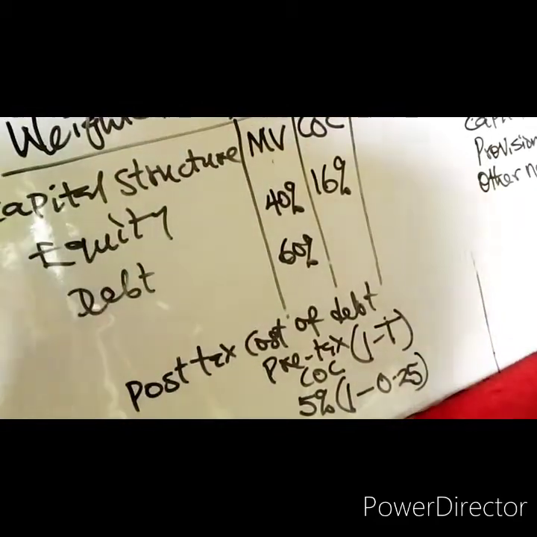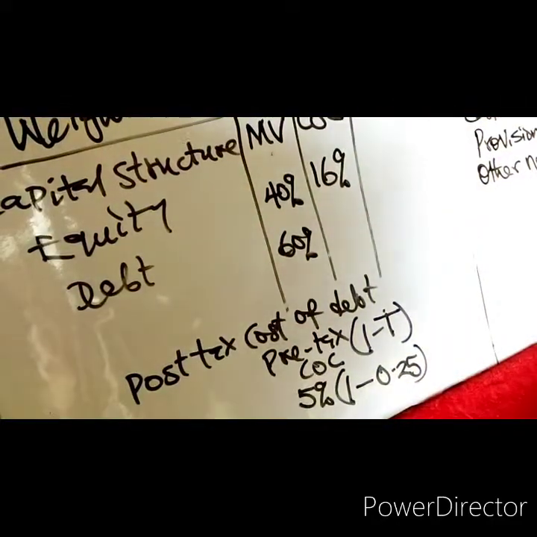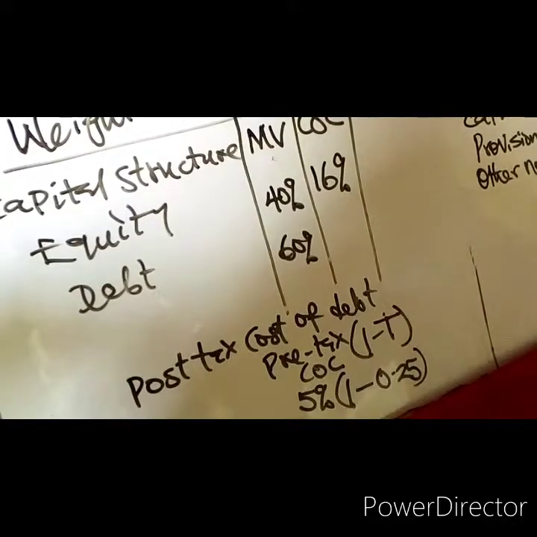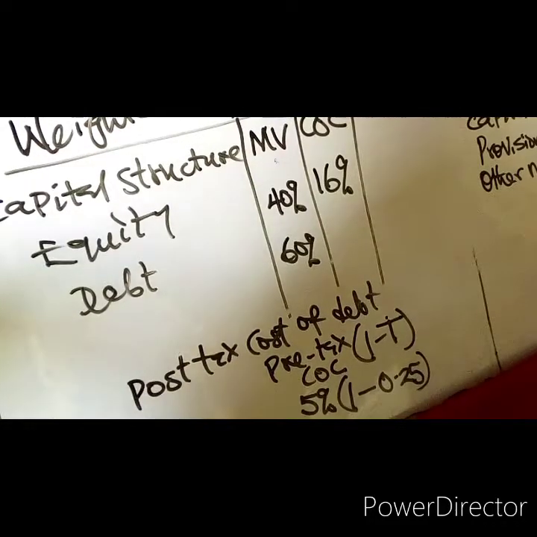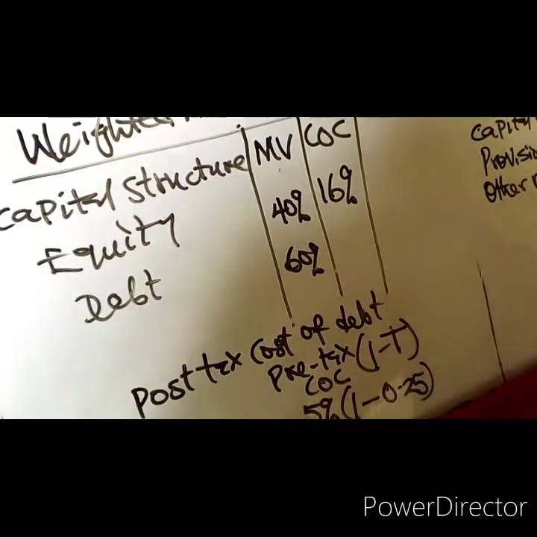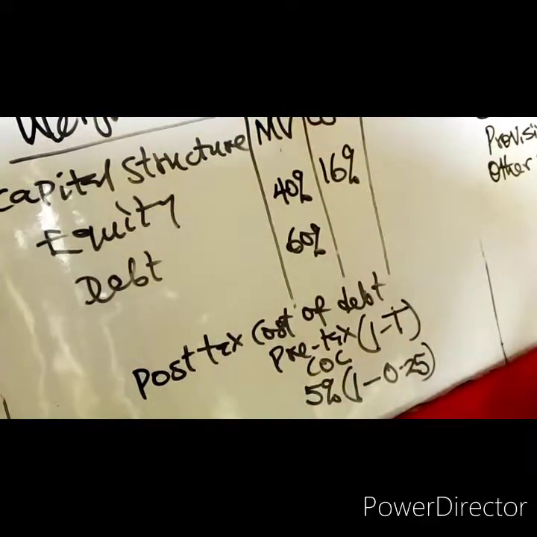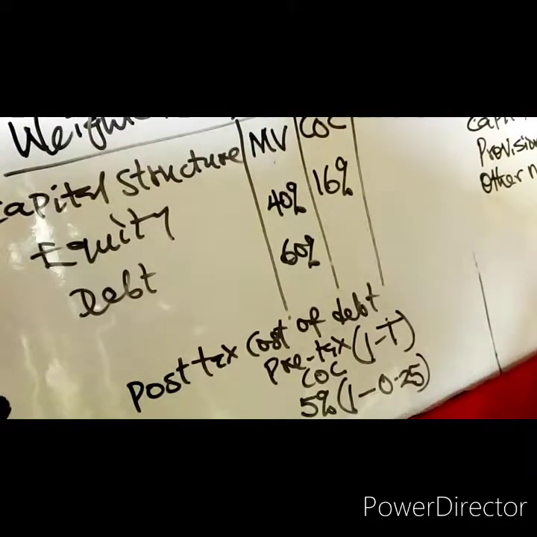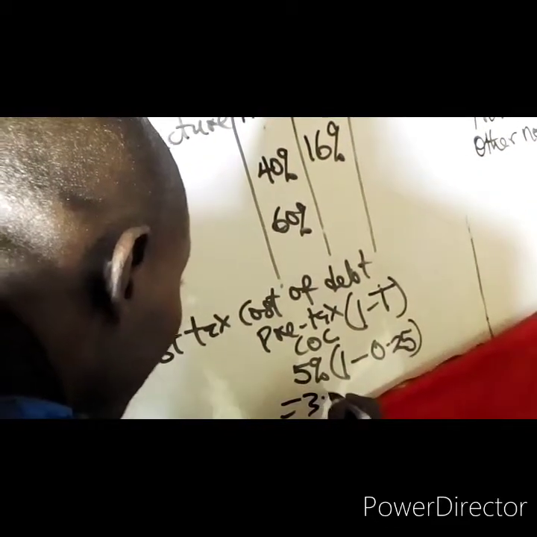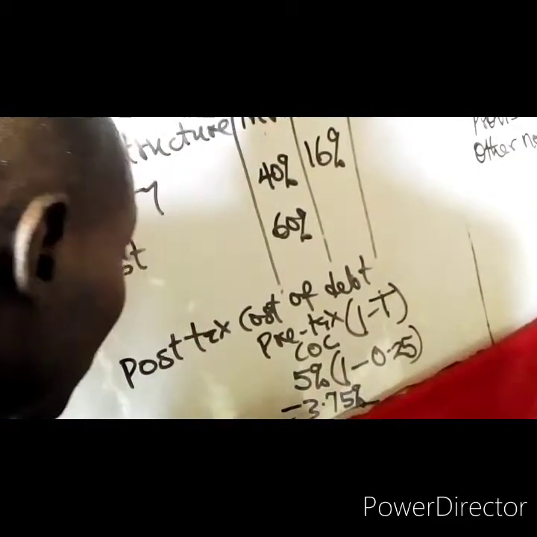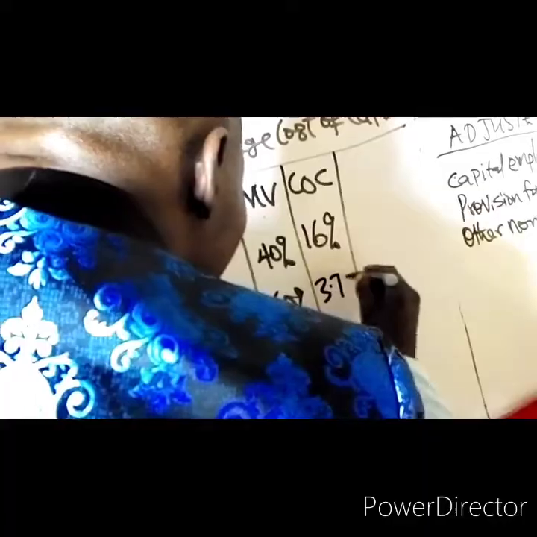The tax rate, if you look at the income statement of IPN, is the rate used to get the tax charges and expenses. So 1 minus 0.25 is 0.75. 0.75 times 5 gives us 3.75%. The post-tax cost of debt is 3.75%.